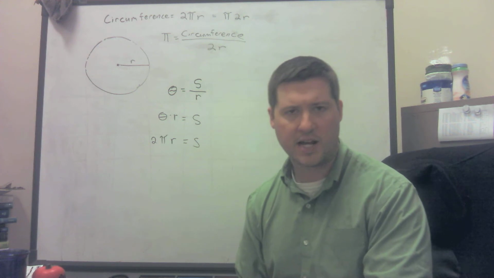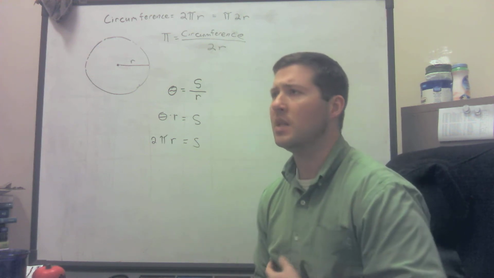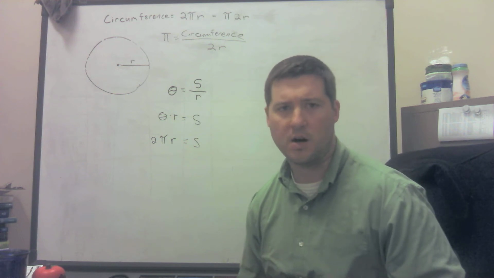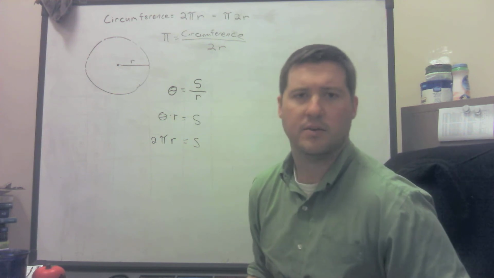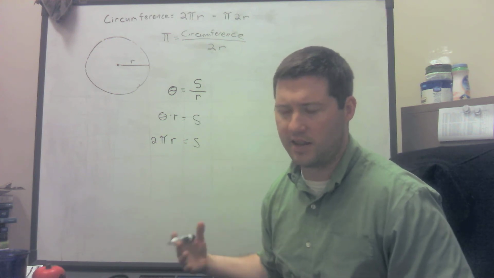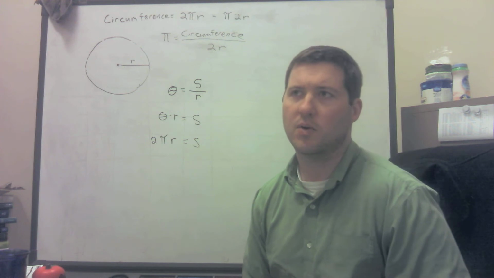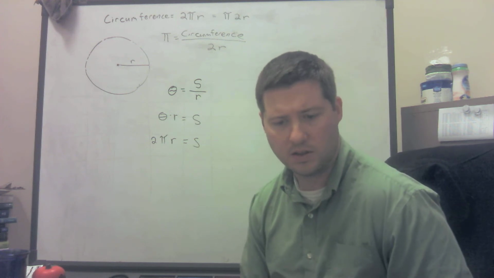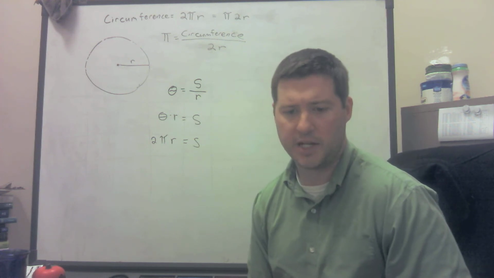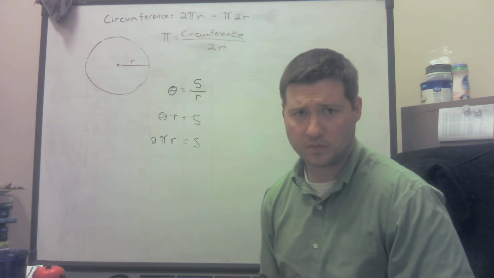It was very natural for them to use that unit, degrees. In reality, that's just an arbitrary kind of measure that we've imposed on these angles. So today we're going to talk about radians, which is a more natural way of splitting up a circle, or splitting up the angles within a circle.